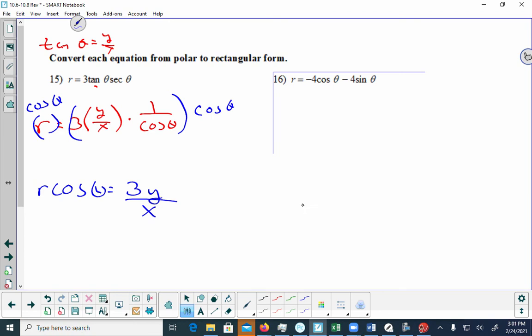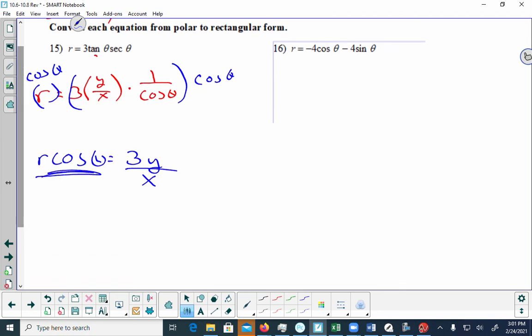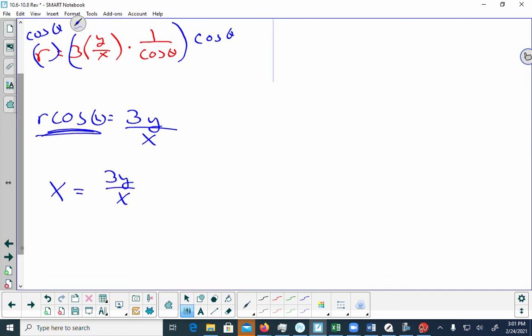I'm going to. All right, so r cosine theta, that turned out nice. That's equal to x. I'm going to have x is equal to 3y over x. Multiply both sides by x, to get rid of that x in the denominator, I'm going to have x squared is equal to 3y.